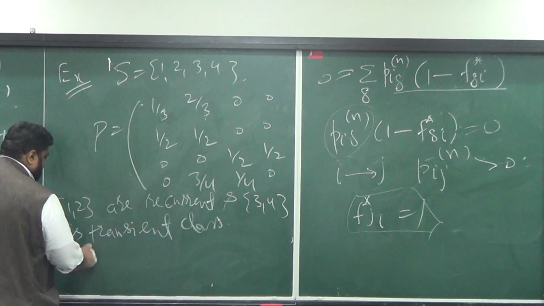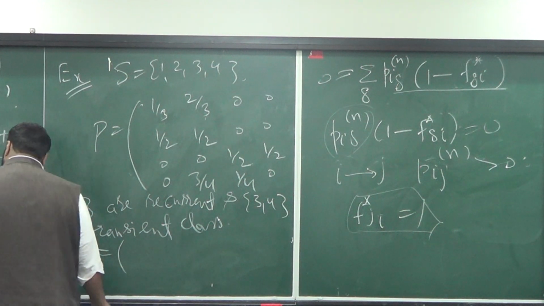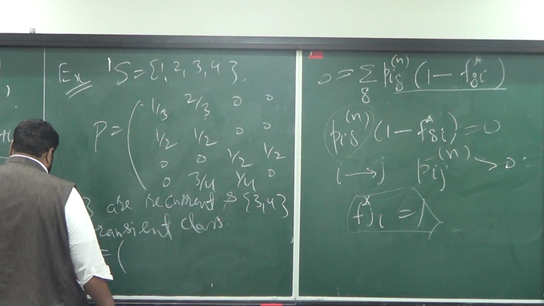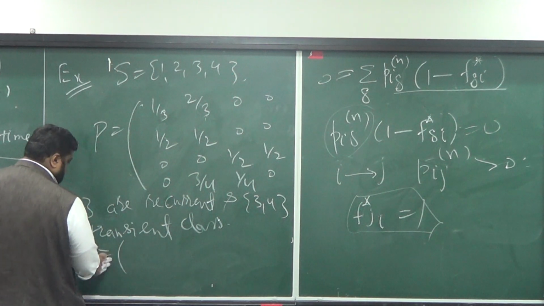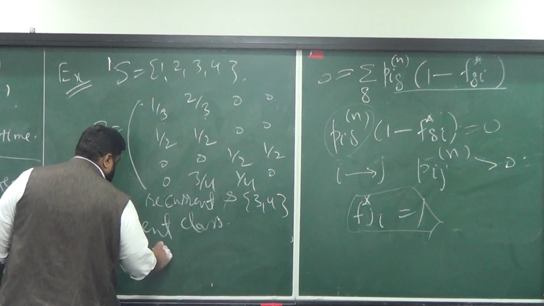I'm interested in computing these long run probabilities. So pi is equal to pi 1, pi 2.